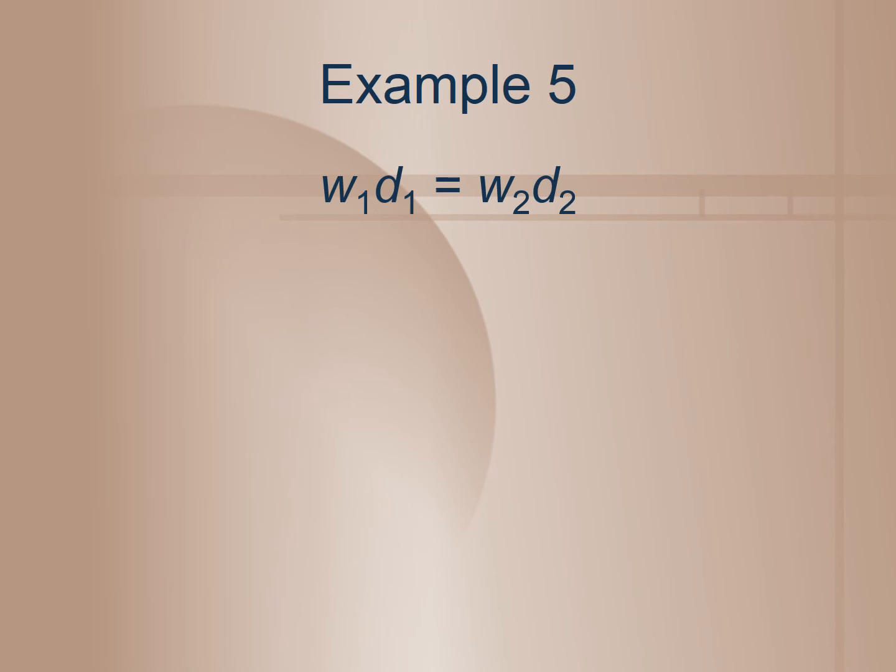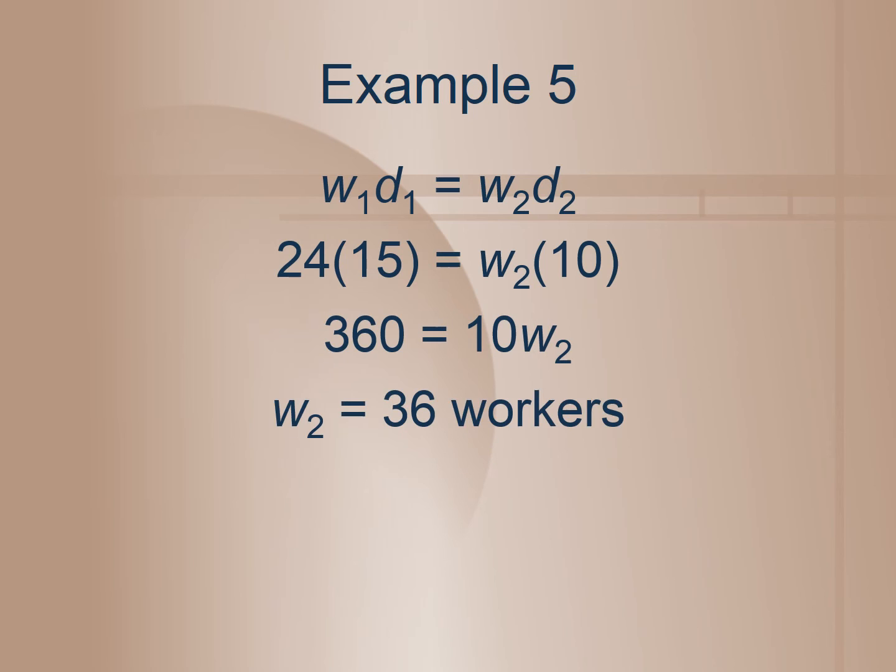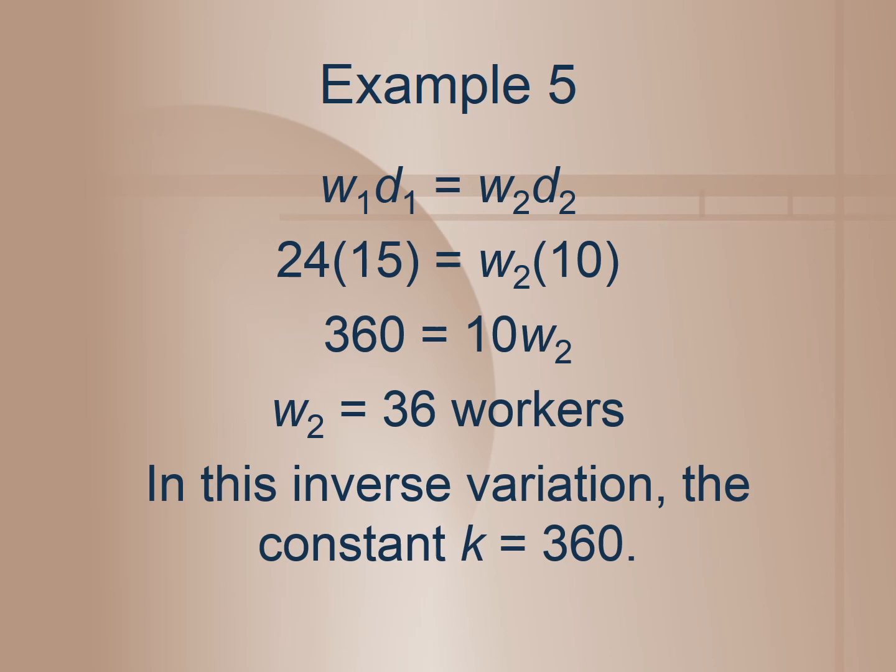W1D1 equals W2D2. And then we can replace our values. So it took 24 workers 15 days. So how many workers will it take for 10 days? Then we solve for W2 by dividing both sides by 10, and we get 36. In this inverse variation, the constant k ended up being 360 since W1D1 was 360.